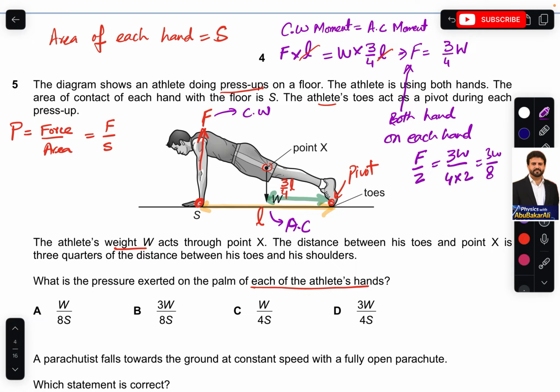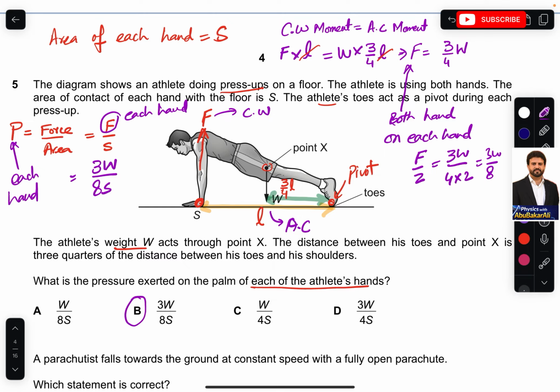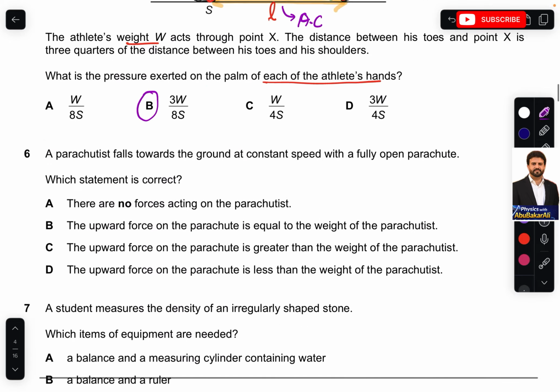This is the force on each hand, because we are finding pressure for one hand. So you have to put this value: 3W divided by 8, and S is already there. Which option is correct? It's option B that is correct. I hope you have understood this concept. This last part was tricky. Most students miss that point.